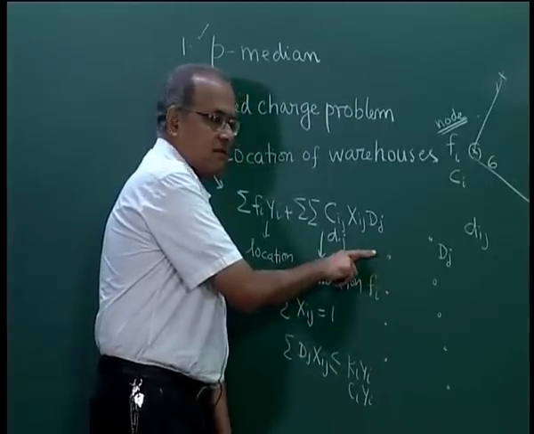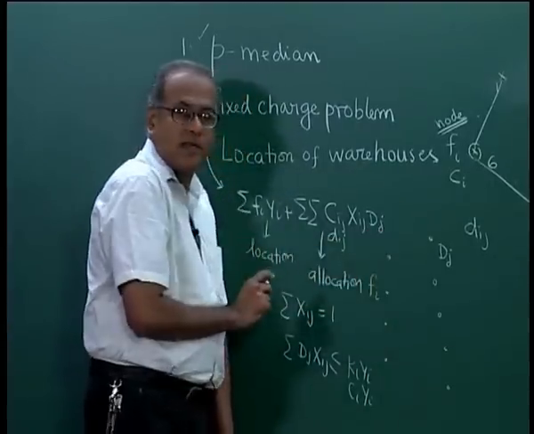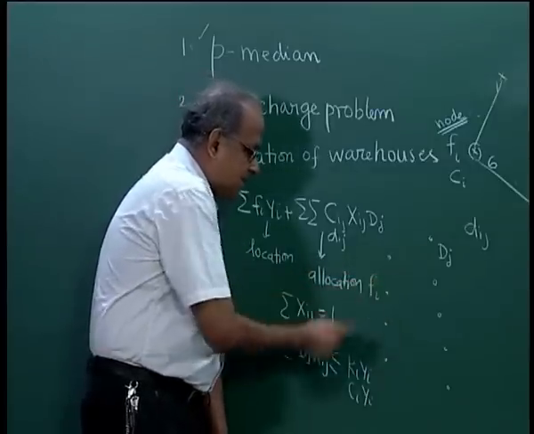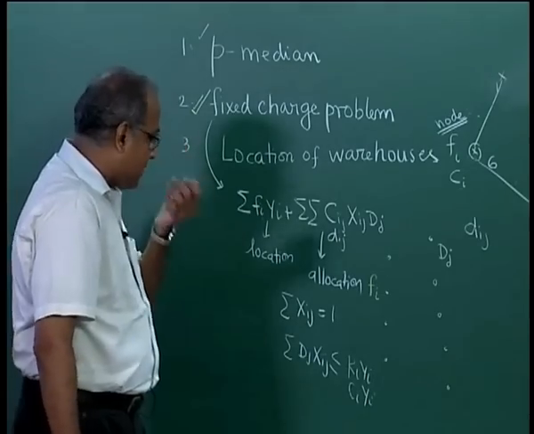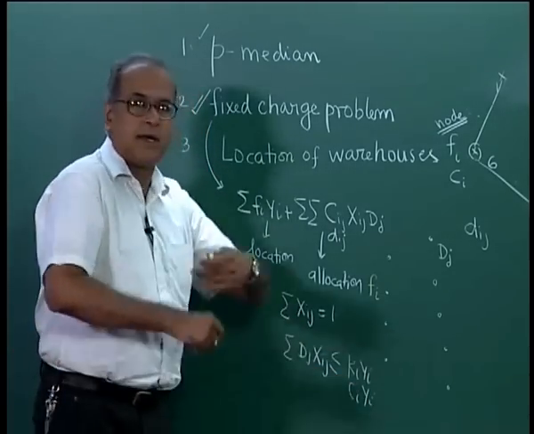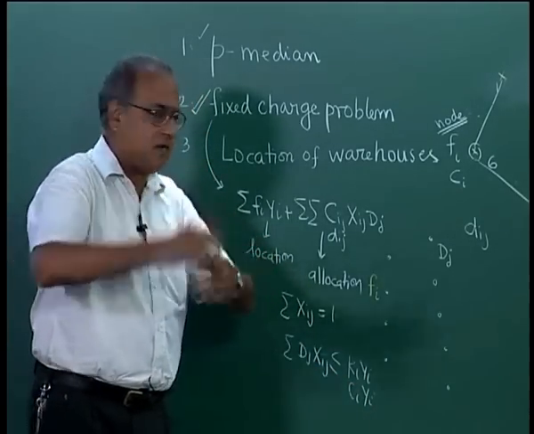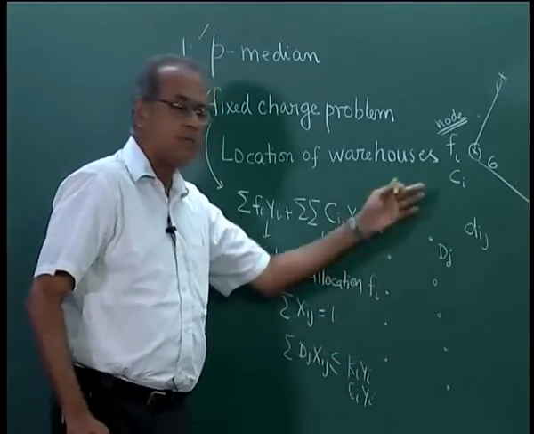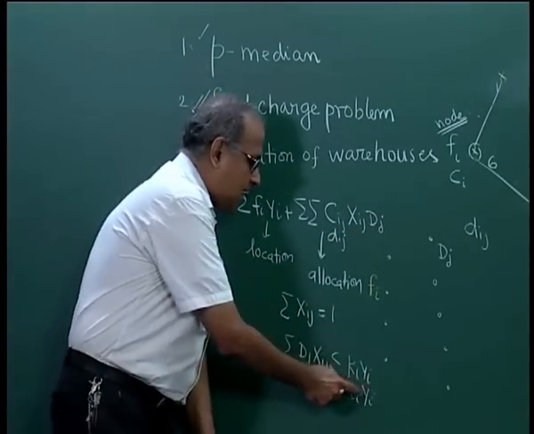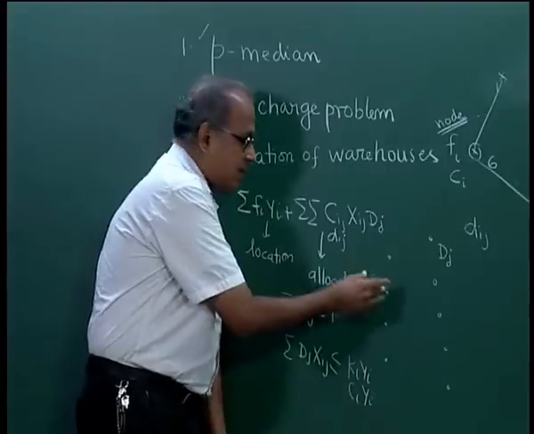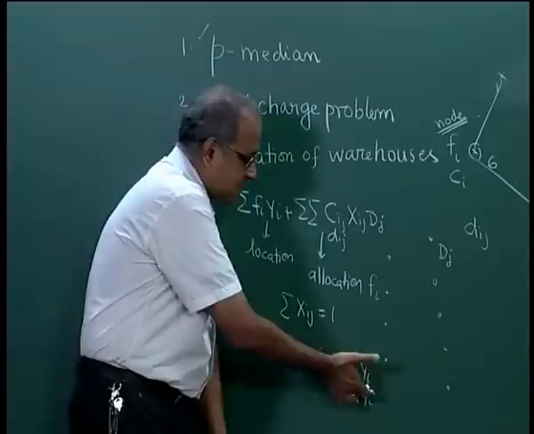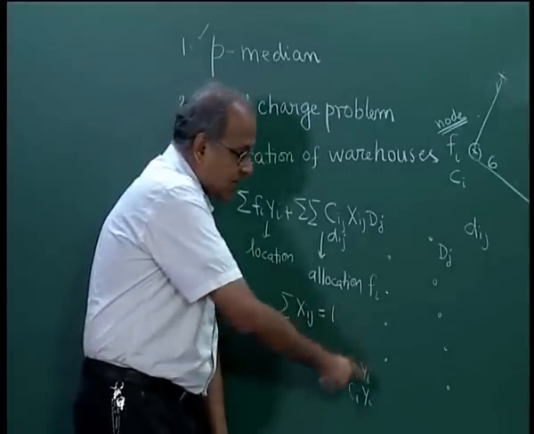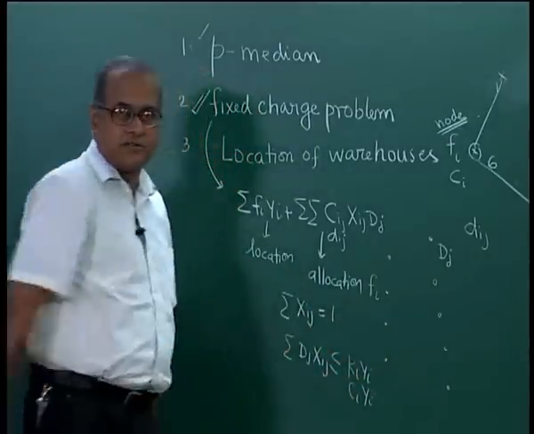If this is not chosen, it cannot supply to this, and if this is chosen, it has a capacity of ci yi. So, whatever you get from this capacity should also be within what this supplies. So, this ci yi is the capacity of the chosen one, and this is given to several dj xij. So, the capacity is greater than the demand. The single constraint takes care of all of that.